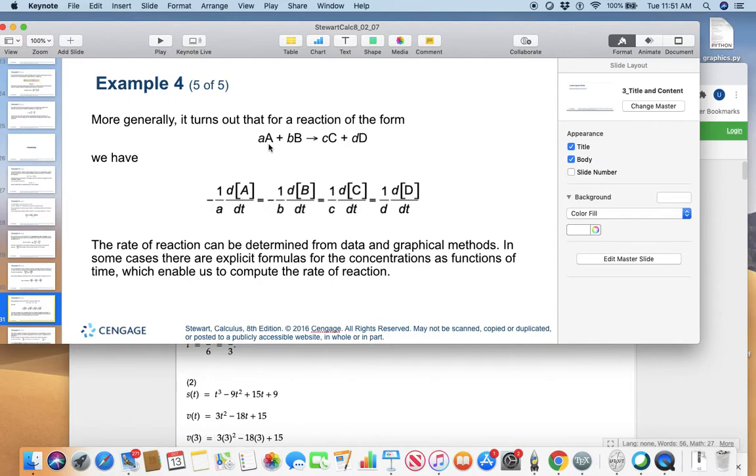So as A reduces, C increases, D increases. Likewise, as B reduces, C increases. So in one reaction, on the left-hand side, each reactant reduces at the same rate as each product increases. The concentration increases at the same rate. So you see 1 over c and 1 over d.